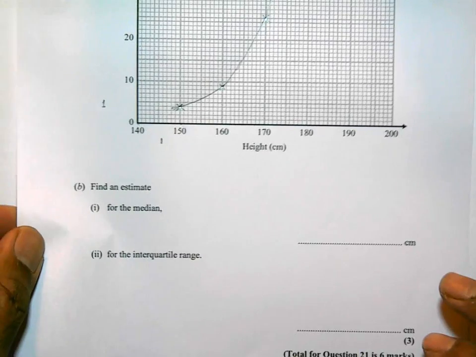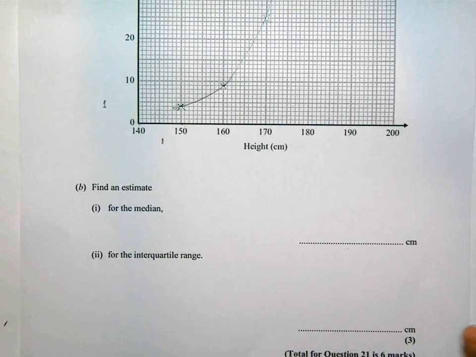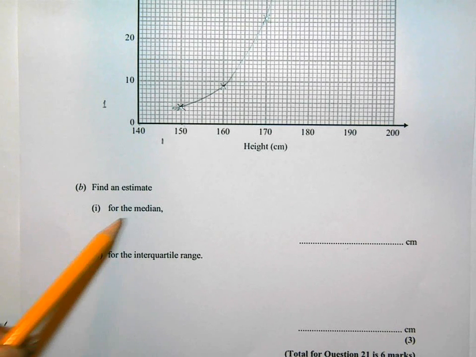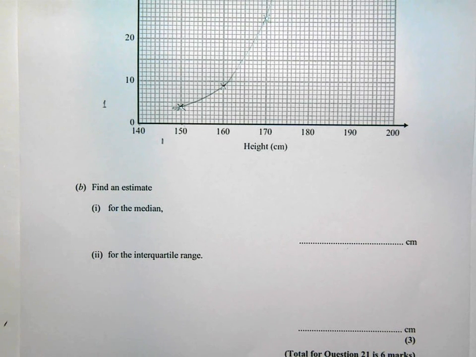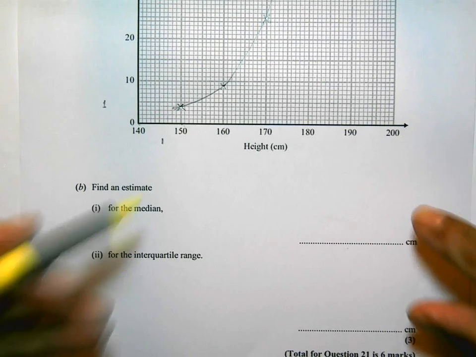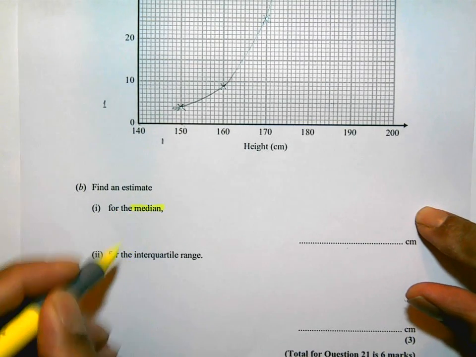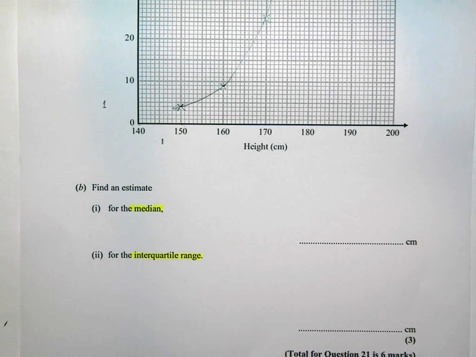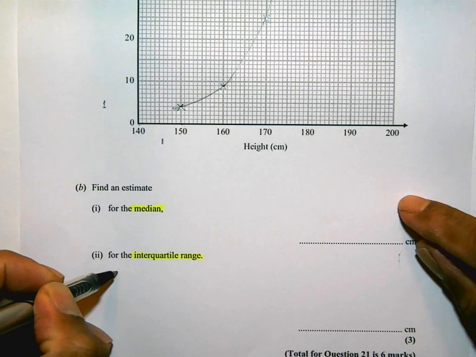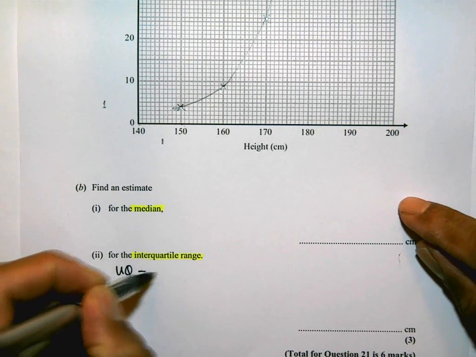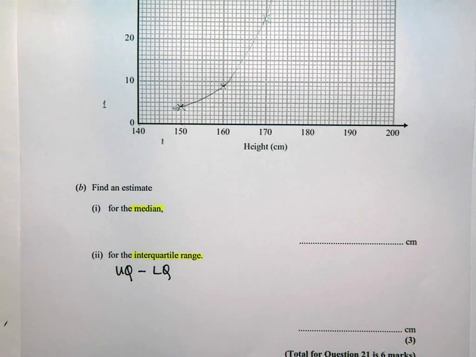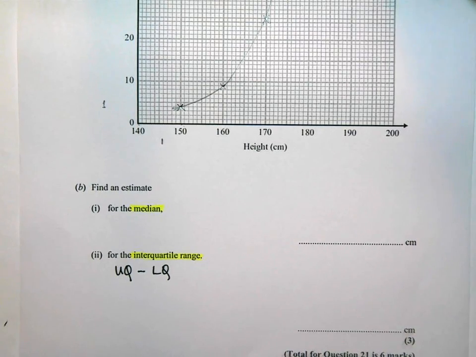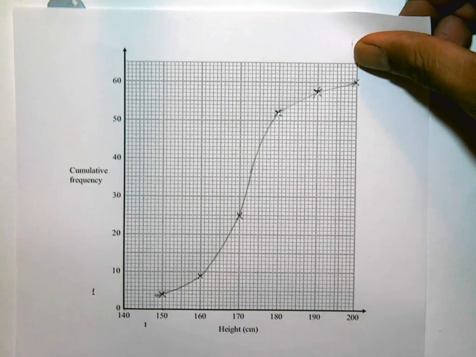Now the next part of the question says, find an estimate for the median and for the interquartile range. If you're at all familiar with cumulative frequency graphs, you should know exactly what to do. The median is the halfway up point, but the interquartile range is the upper quartile, take away the lower quartile. So I'll do the median first, and then we'll find the upper and lower quartiles. I'm just zooming in a bit more.